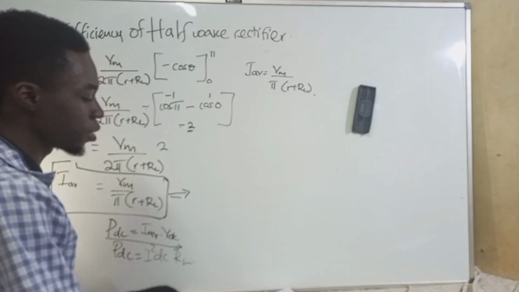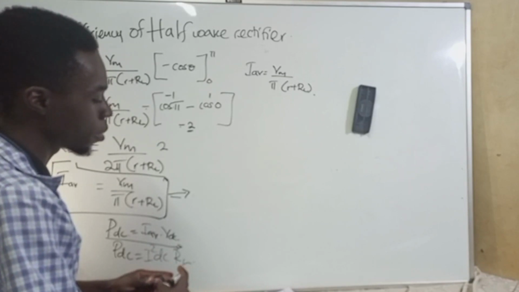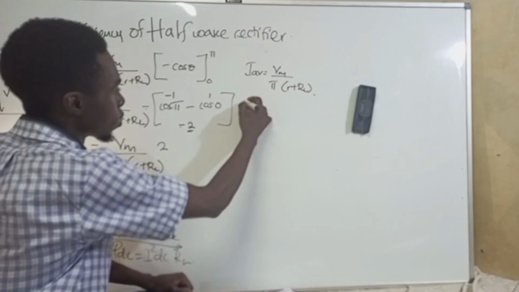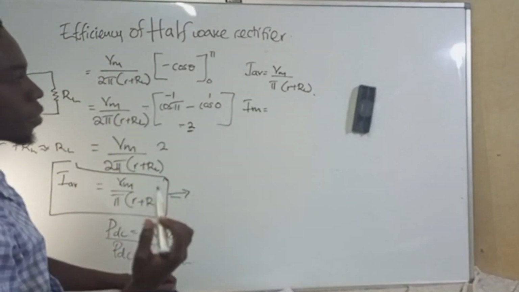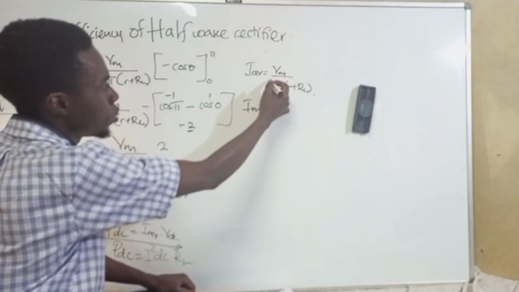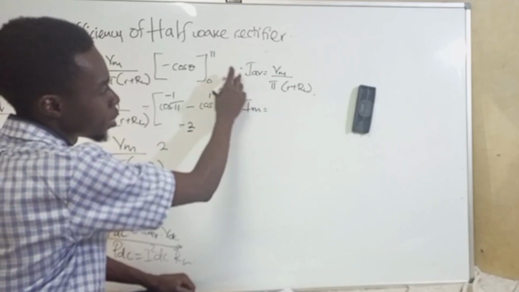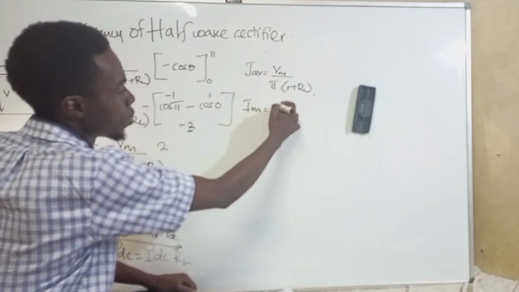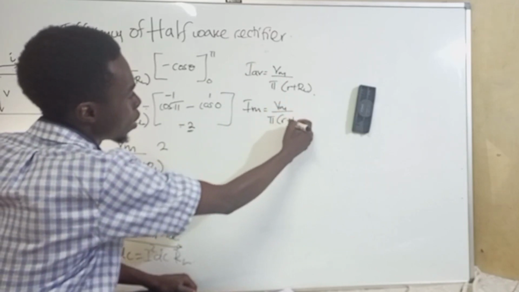It can be related to the maximum value of current, whereby our I maximum is simply from the graph that I had drawn. Our maximum value of the current is going to be simply pi times this, which will give us Vm over pi into R plus RL.